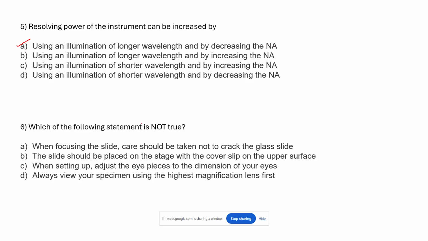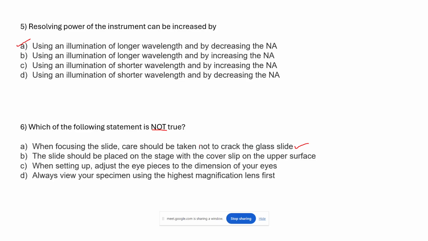Which of the following statements is not true? When focusing the slide, care should be taken not to crack the slide. This is correct, because if the slide is cracked, then we won't be able to resolve things.